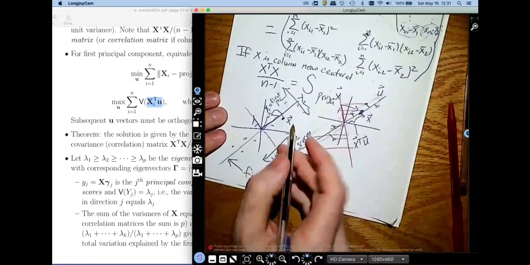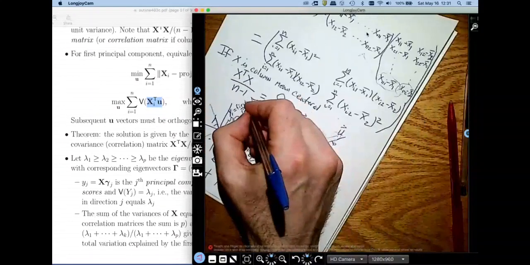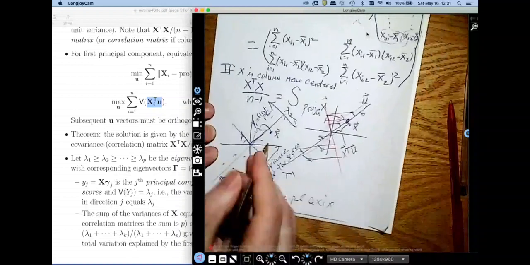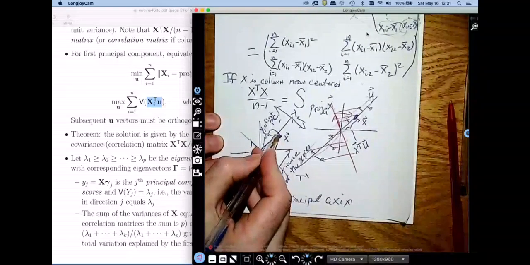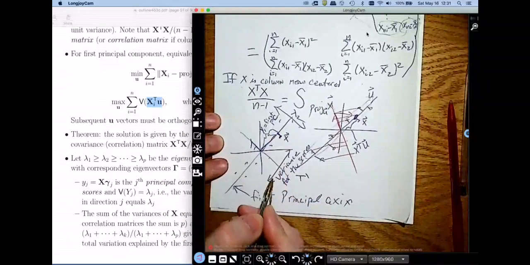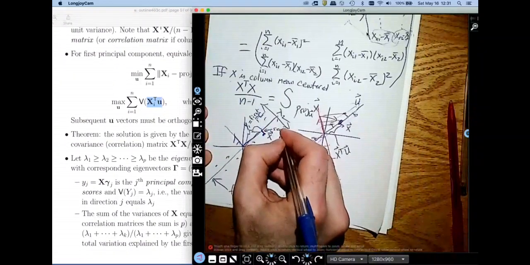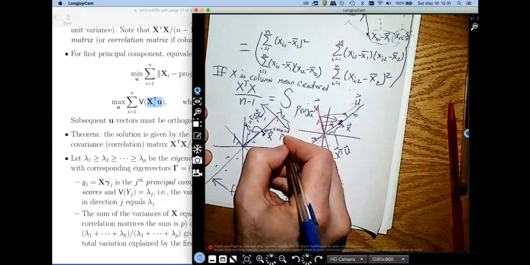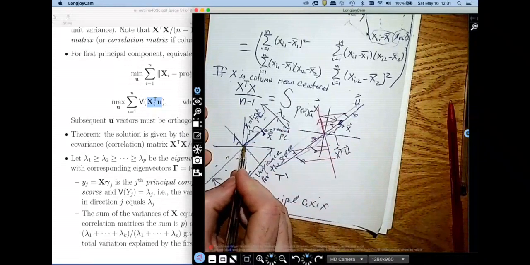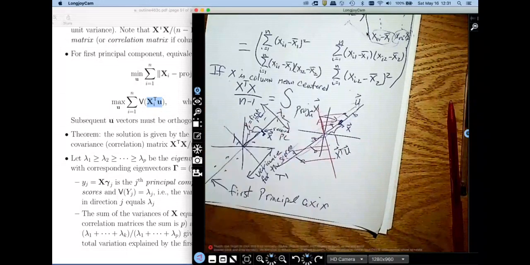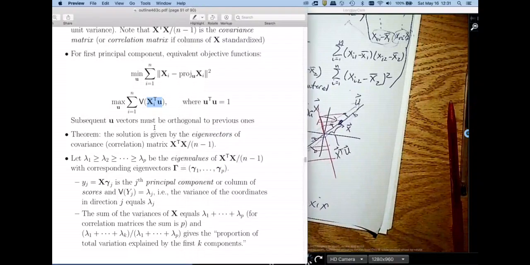The deviation in the other direction is the second principal component. So that's the first principal component, the second principal component. The lambdas tell us the variance.